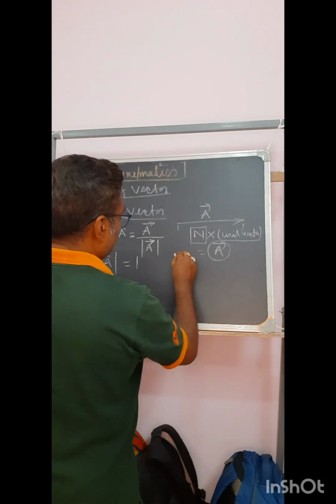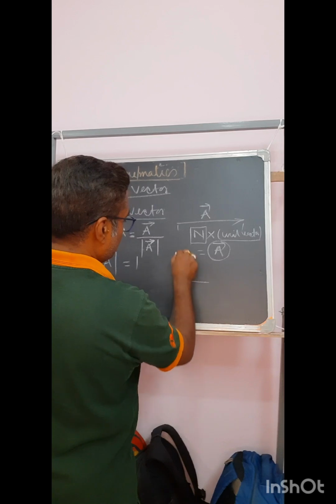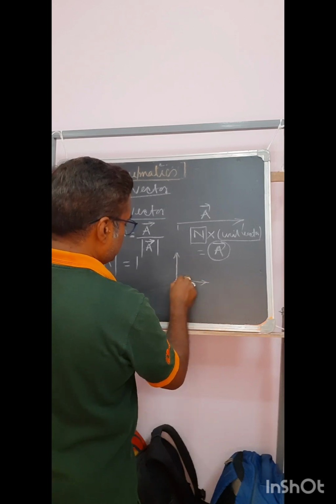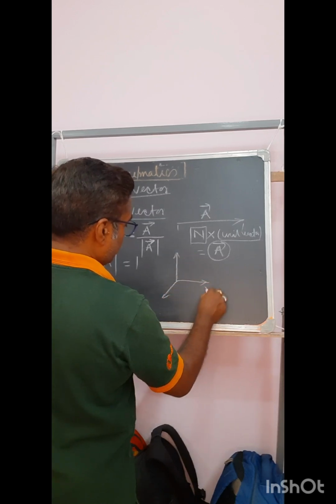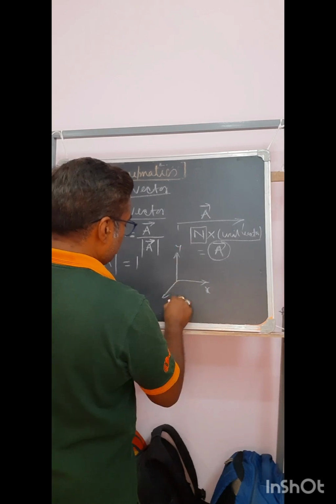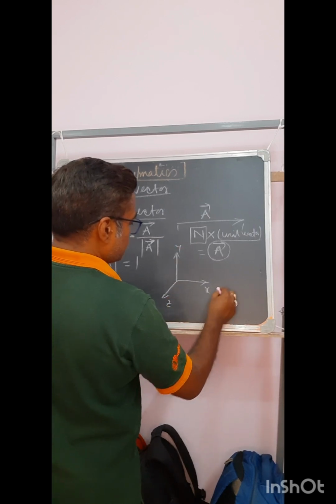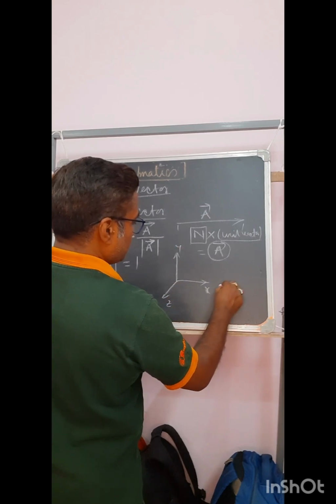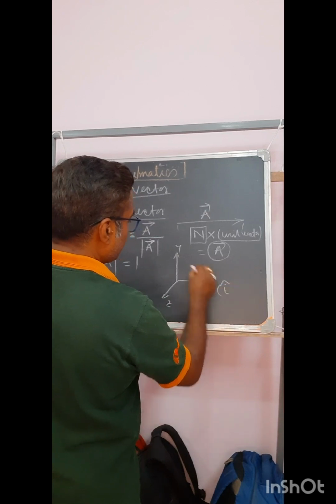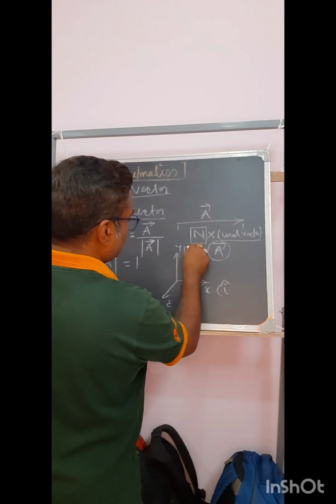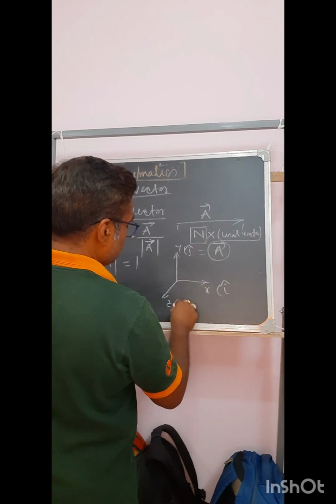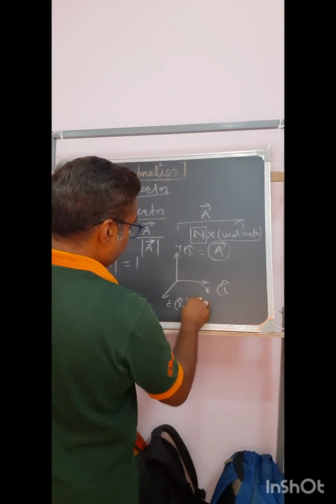In the Cartesian system, there are three axes, x, y and z. In the x direction, the unit vector is denoted by i cap. In the y direction it is j cap, and in the z direction it is k cap.